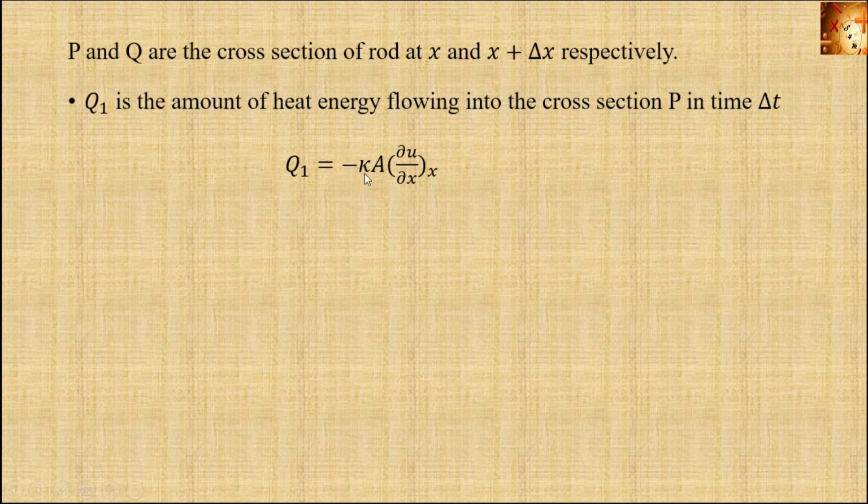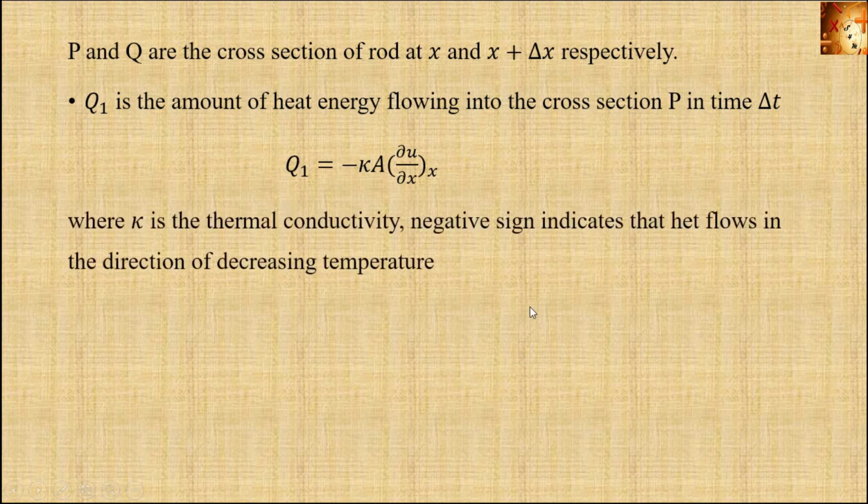Here the minus sign indicates that the heat flows in the direction of decreasing temperature. We are insulating the rod to prevent heat loss, but there may still be a slight heat loss from the sides. So Q1 = -KA ∂u/∂x at the point x.